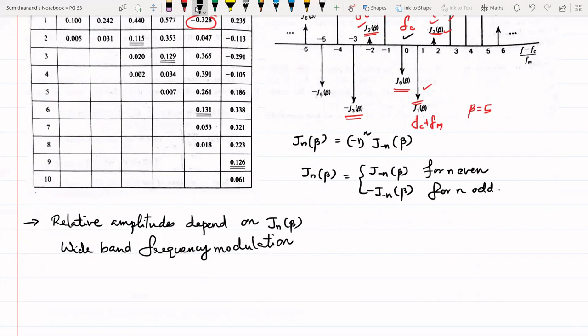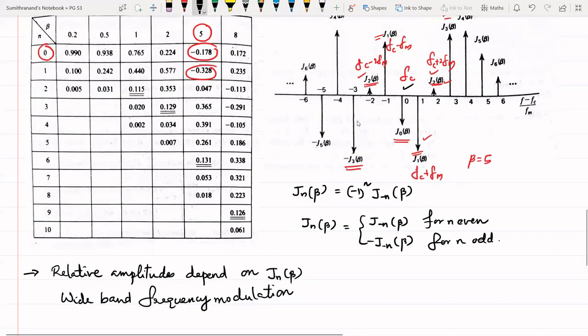So the phase relationship between the sideband components is such that the odd order lower sidebands are reversed in phase.